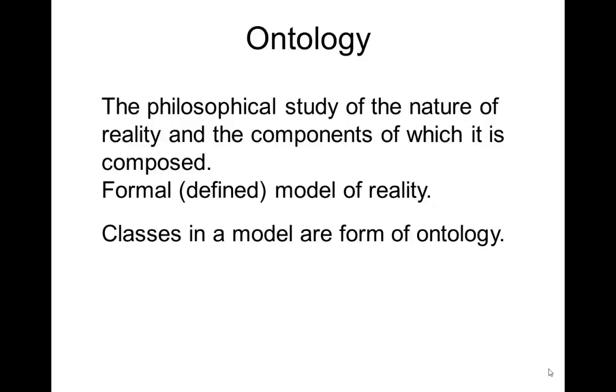And because in a computer you have to fully define things, creating a model of classes, dividing up the world, provides a formal defined model, a defined ontology of the world. So there are loose ontologies, the way a town planner perhaps understands the world in his head, and then there's a formal ontology, the way that representation is put into the computer and formally defined. And the classes in a model are a form of ontology.